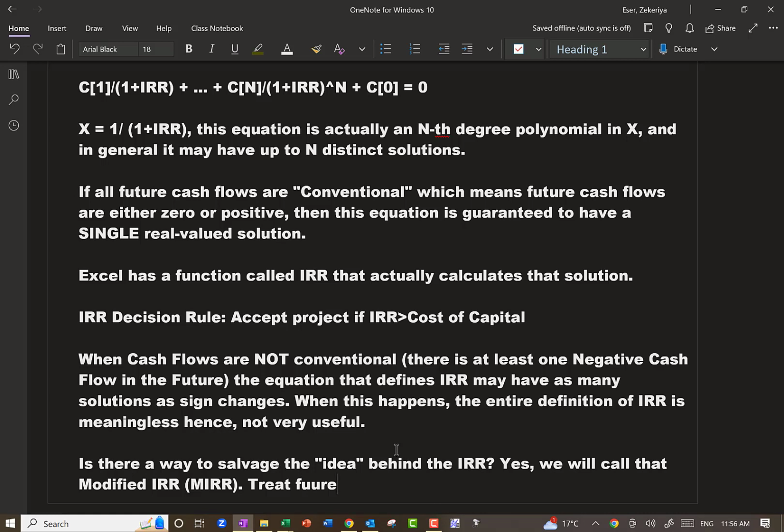treat future negative cash flows as cost of investment.